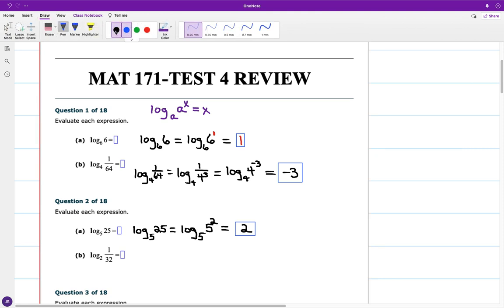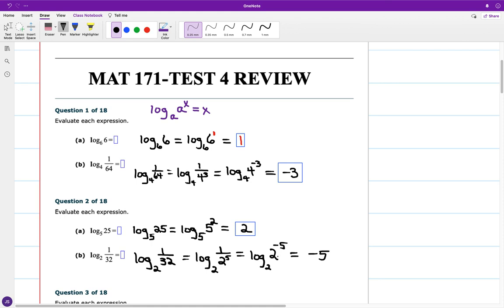And for the base 2 logarithm of 1 over 32, you have a reciprocal of a power of 2. 32 would be 2 to the 5th power, and so the reciprocal of 2 to the 5th is 2 to the negative 5.